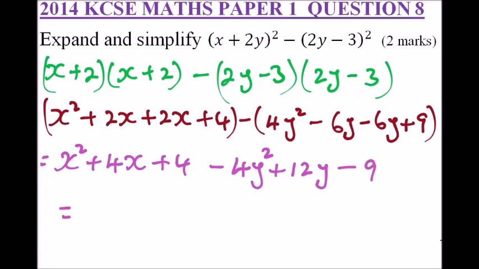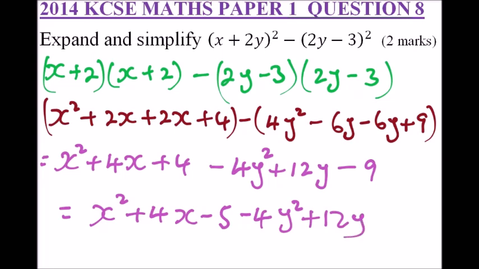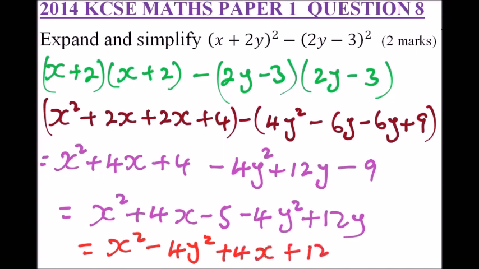So this is equals to, we put the like terms together, so we have x squared, then we have plus 4x, 4 plus minus 9, that will be minus 5, then we have minus 4y squared, then we have plus 12y, which we can write properly as x squared minus 4y squared plus 4x plus 12y minus 5.